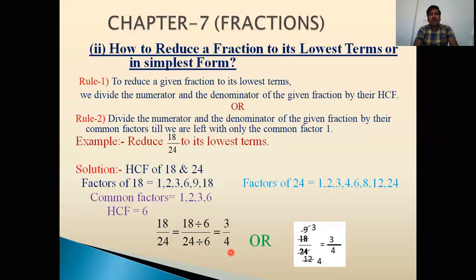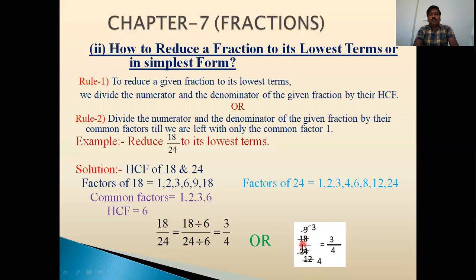Now, there is another method: divide the numerator and denominator of the given fraction by their common factors. Here we see common factors are 2, 3 and 6. One is a factor of any number, so we will use 2. When we divide 18 by 2, we get 9, and 24 by 2, we get 12.